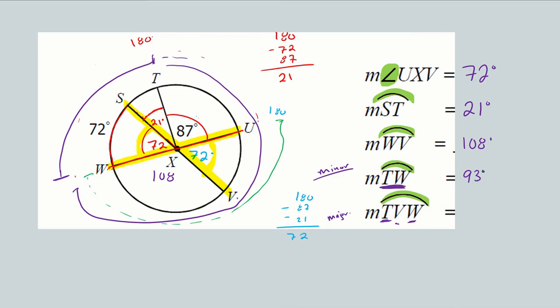And to get from T all the way to W for the major arc, since we know a full circle is 360, we can simply do 360 minus 93, or we can add up these three arc measures or central angles. Either way, we get 267.